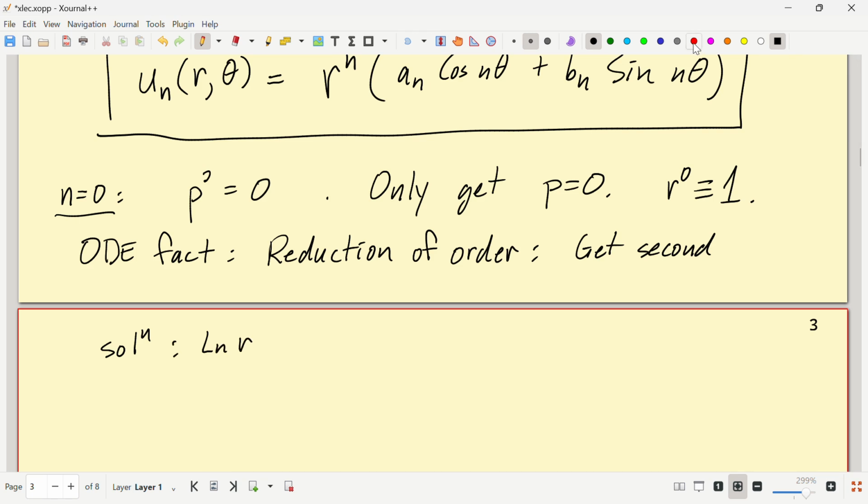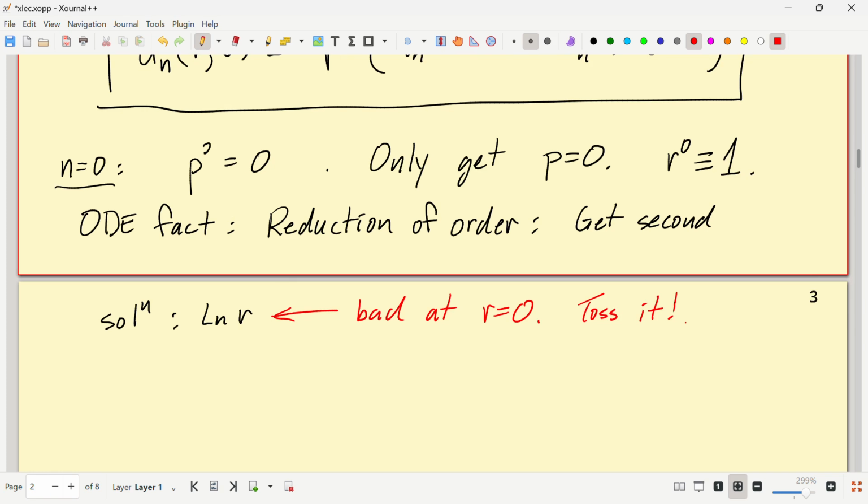And that's a bad one. It blows down to minus infinity at r equals 0. So bad at r equals 0. So we toss it, like we did the previous one.